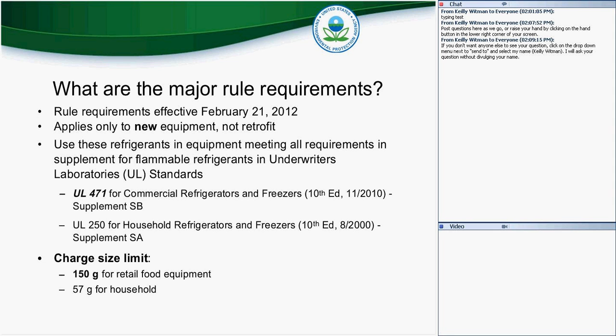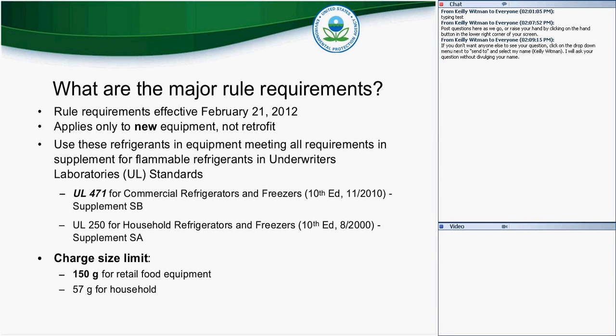But at the same time, I think it is wise to work together with local fire marshals, just so that they know to expect that, and that way the first responders hopefully will know that they should keep an eye out, for instance, for equipment that might have the label saying that it contains a flammable refrigerant.